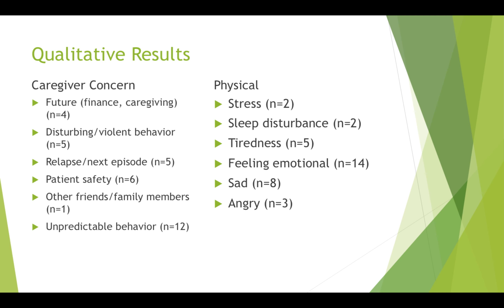This also extended into potential relapse and what the next episode would bring, what they were going to have to face the next time their loved one had a relapse. They worried about patient safety more so than their own. They were concerned about other family members and friends as well, and unpredictable behaviors by the person with schizophrenia.